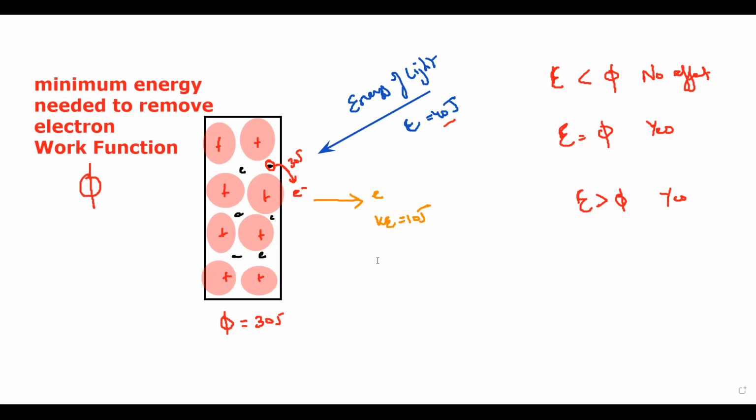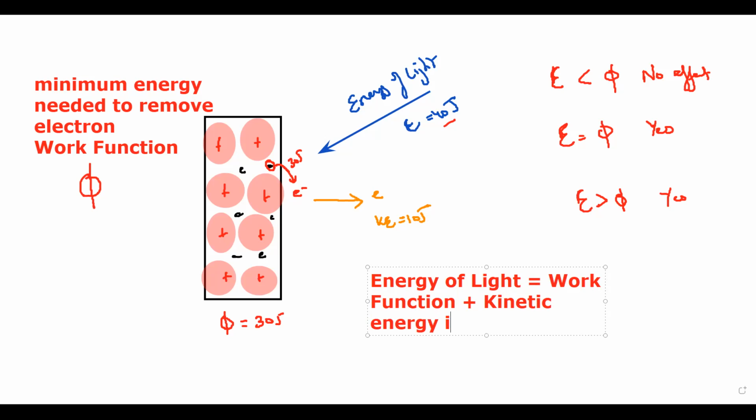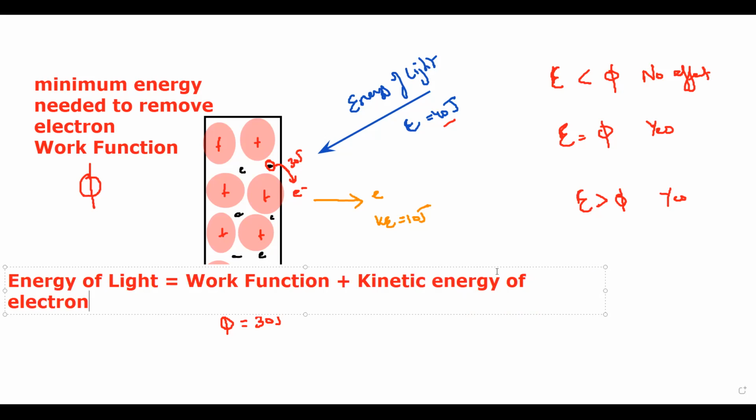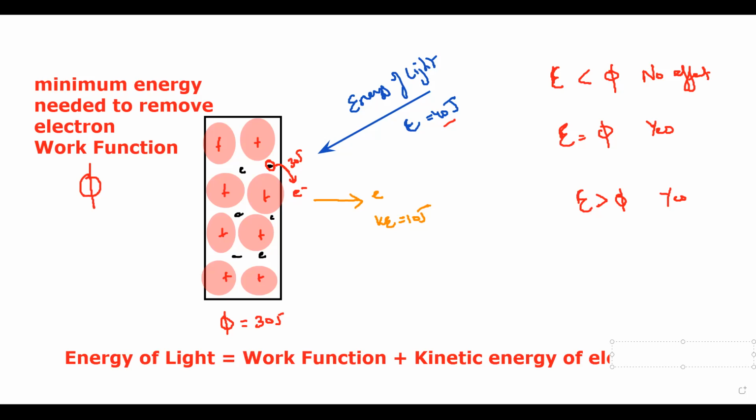So when we write the equation, we can say the energy of the incident light is equal to the work function, the minimum possible energy needed to remove the electron, plus the kinetic energy of the electron.